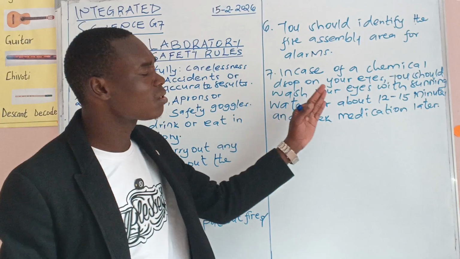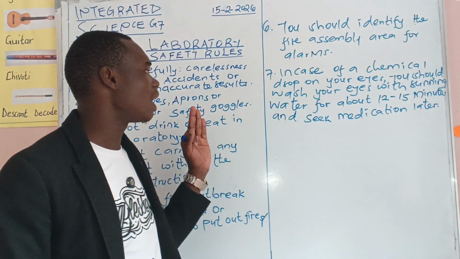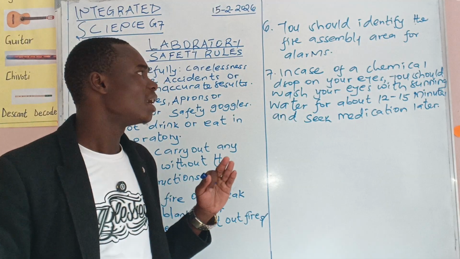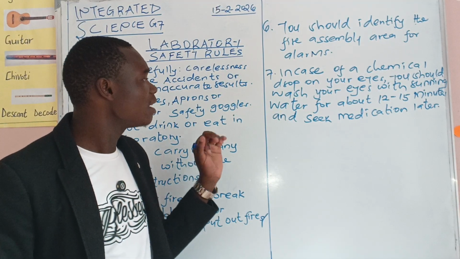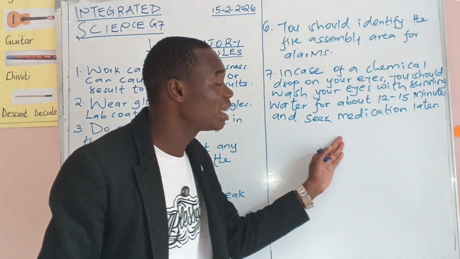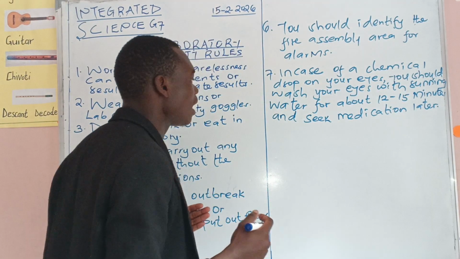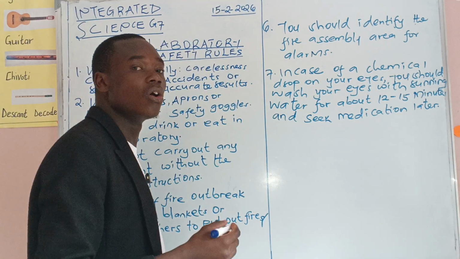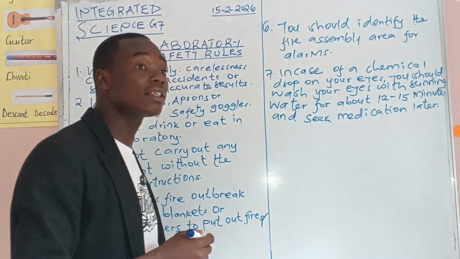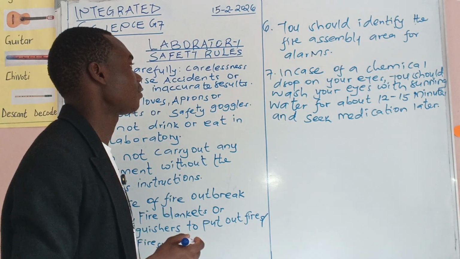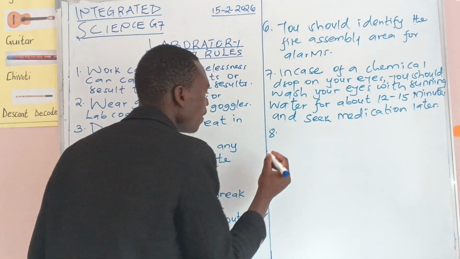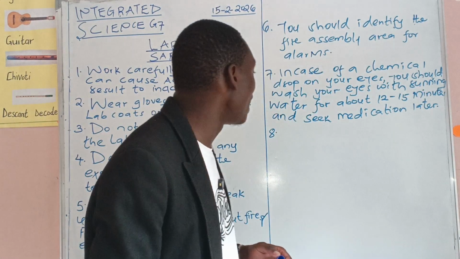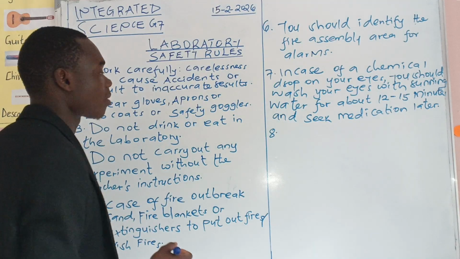So you need to first of all run cold water on your eyes for about 12 to 15 minutes in case of any chemical drop. And if the damage is too big, or too dangerous, seek medication later, or you can visit a healthcare center. That is number 7. There are so many, but I will only provide the ones I'll provide for today.